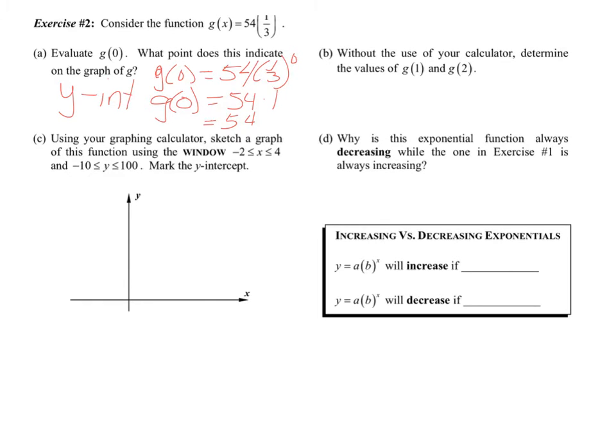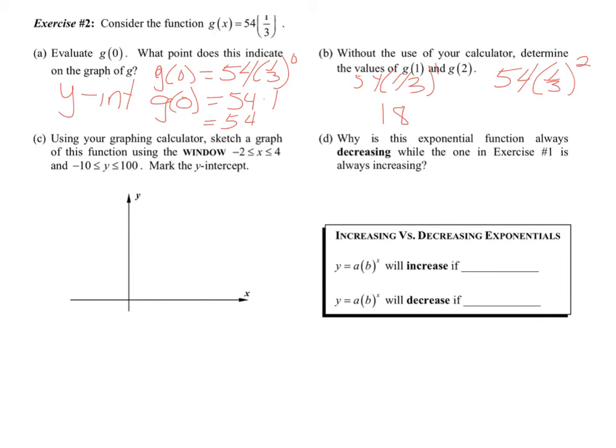So without using your calculator, determine the values of g of 1 and g of 2. Well, g of 1 is going to be 54 times 1/3 raised to the first power, and that's going to give me an answer of 18. And then I have 54 times 1/3 raised to the second power.